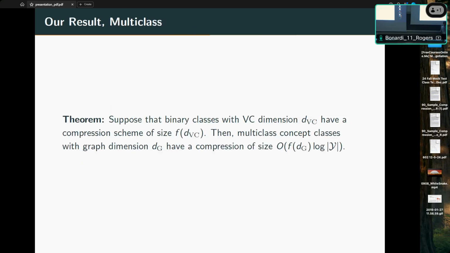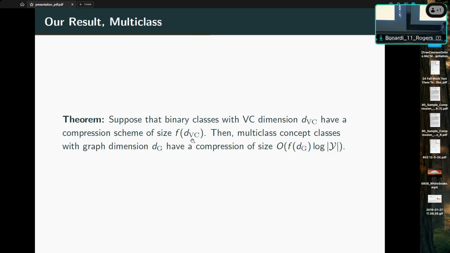One of the things we prove is suppose that for classes of a certain VC dimension, there's a function f where there's compression size f of VC dimension. Then for multi-class concepts with a certain graph dimension, there's a compression scheme of size f of graph dimension times log Y. So this is the flavor of the results that we prove, right?